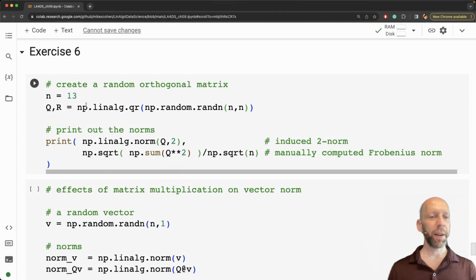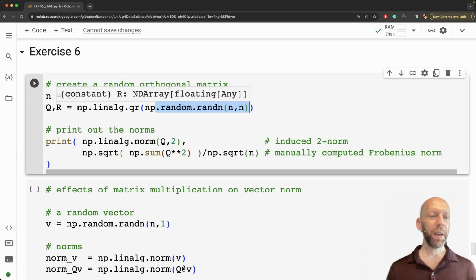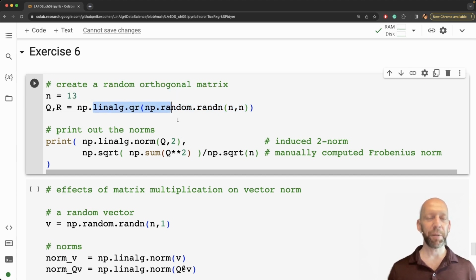So here I create some random orthogonal matrix through QR decomposition of a random numbers matrix. Now, again, this is like what I have said a few times in some of the previous exercises. In this case, we don't really care about the QR decomposition per se. We just want an orthogonal matrix. And so there are a few different ways to create a random orthogonal matrix.